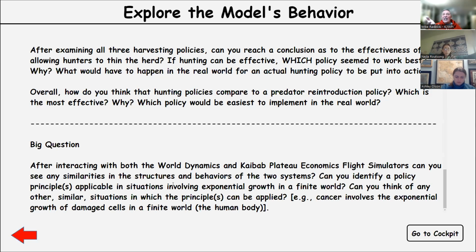In cancer growth, it's exponential growth in a finite world, the body, 1 cell to 2 to 4 to 8, and the plateau is your body, right? In the world dynamics, it's population growth, pollution generation growing exponentially, resources being chewed up exponentially within the global system, right? Finite world, right?